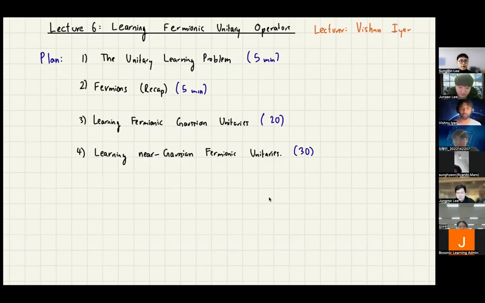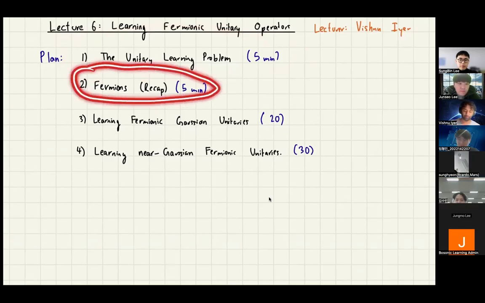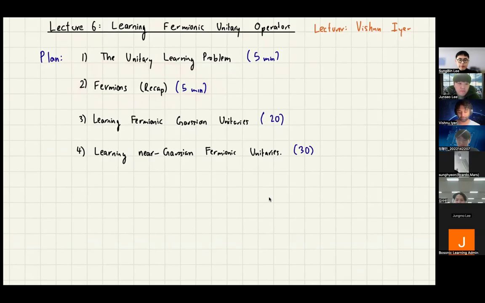I looked at the schedule from earlier, and it seems like you guys haven't really talked about unitary learning. So first, we're going to talk about what it means, what the unitary learning problem is. Then we're going to give a recap on fermions, and then we're going to talk about learning a specific class of fermionic unitaries called the fermionic Gaussian unitaries.